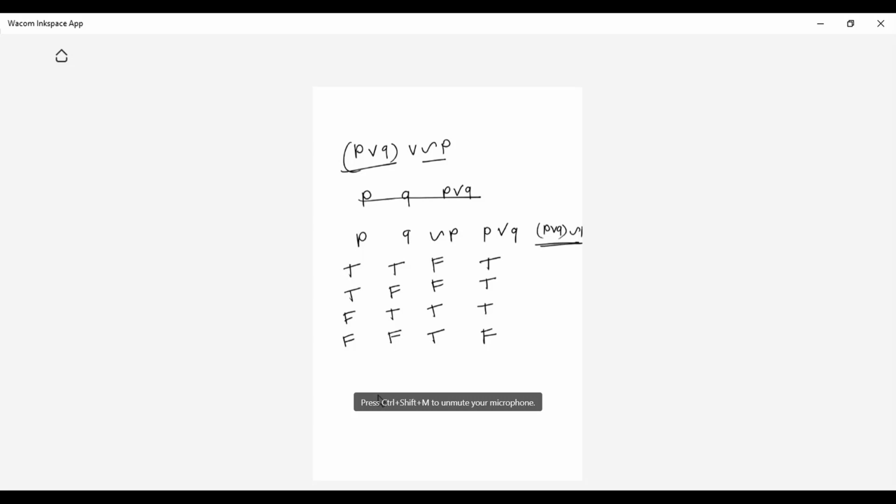And then P or Q or negation P: true, true, true, and false, true, true. So all true values you are getting. I hope everyone has got this.